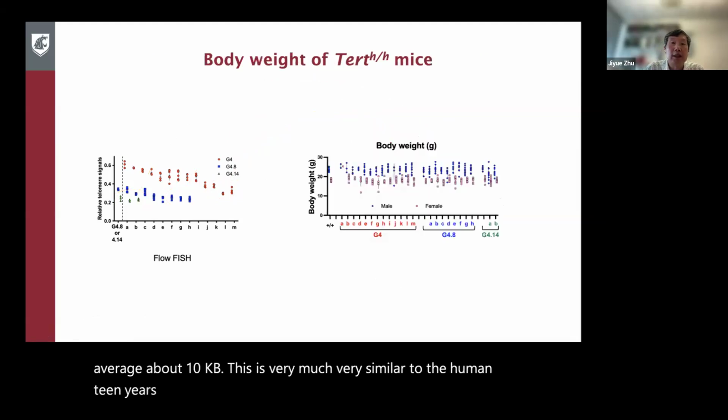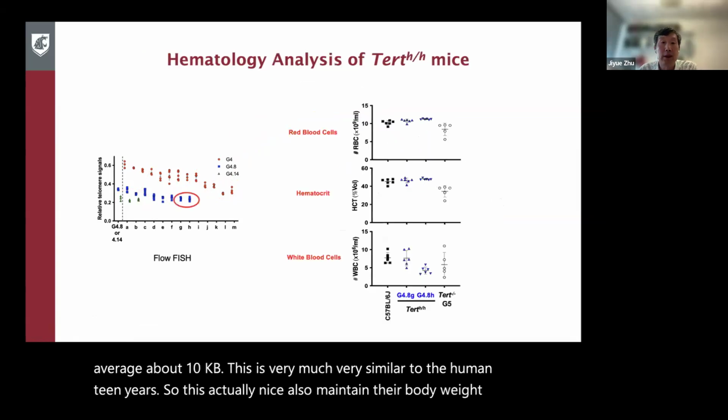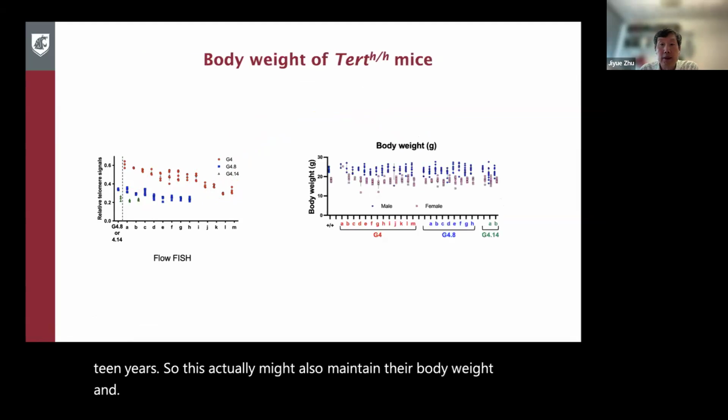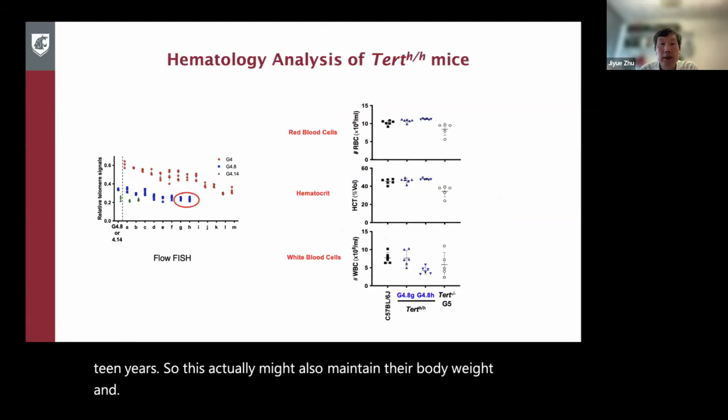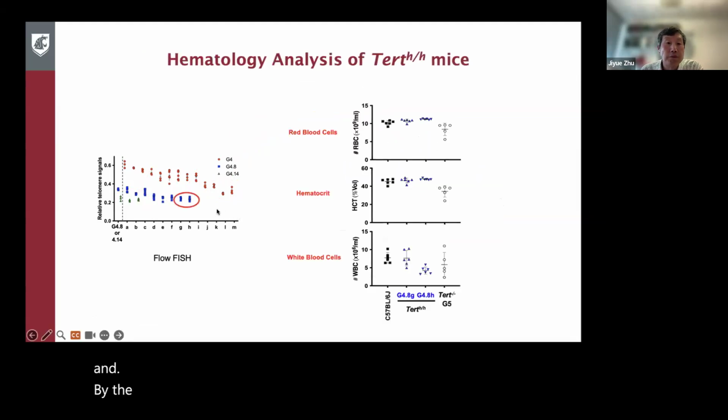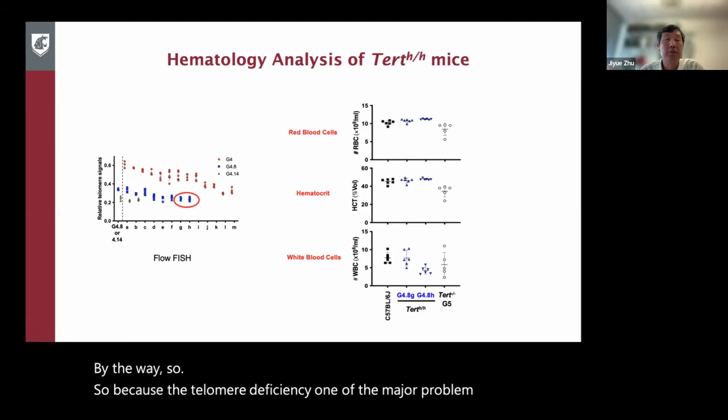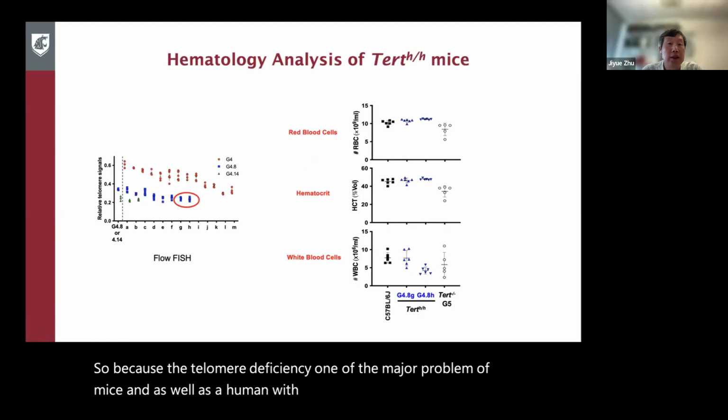So these mice also maintain their body weight. One of the major problems of mice, as well as humans, with telomere deficiency is bone marrow failure.